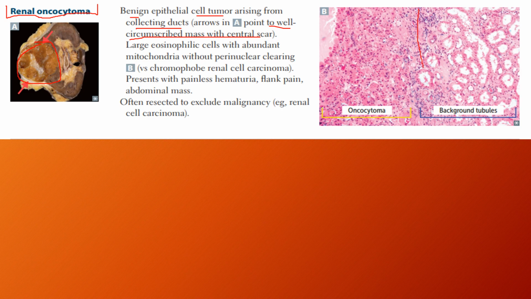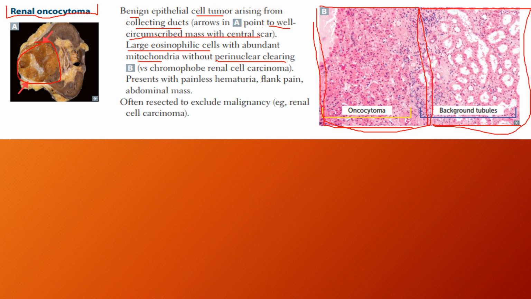In this image you can see a clear cut difference between an oncocytoma and the background tubules. In this side of the image you can see large eosinophilic cells with abundant mitochondria without perinuclear clearing. In this side of the image you can see a chromophobe renal cell carcinoma.